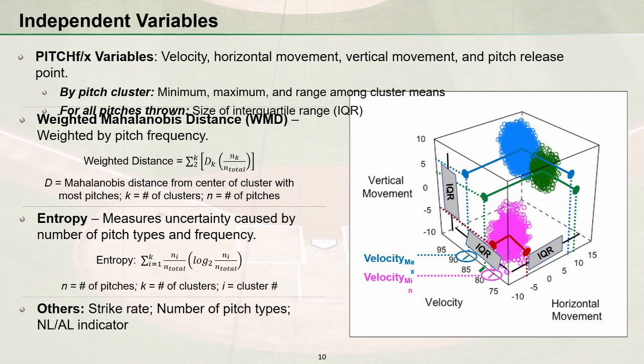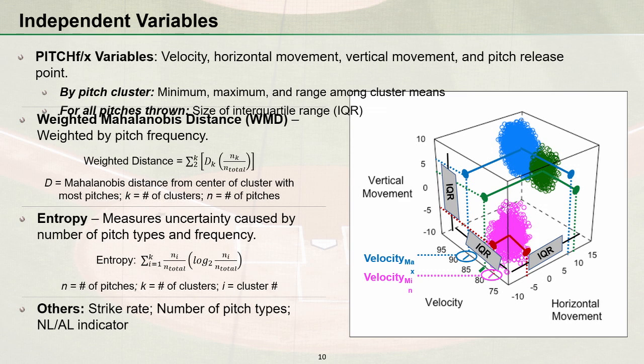First, the minimum, maximum, and range for these variables were measured by comparing the centers of the different clusters, and you can see the lines that are coming out from the centers of those clusters on the plot on the right. So pitches outside the centers were ignored for these minimum, maximum, and range measurements.